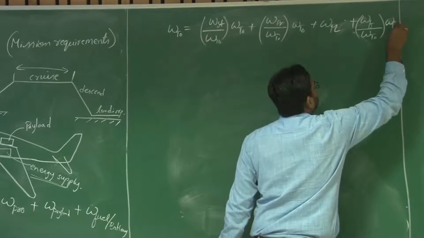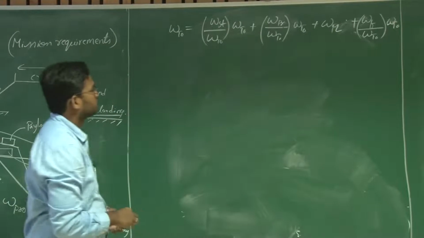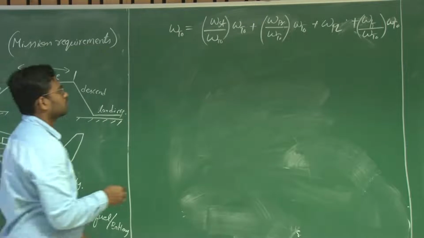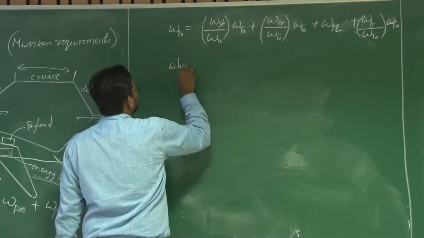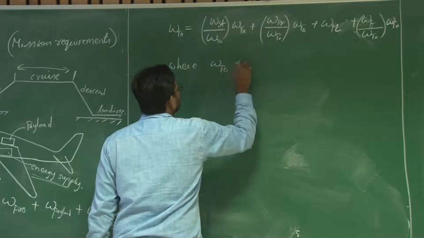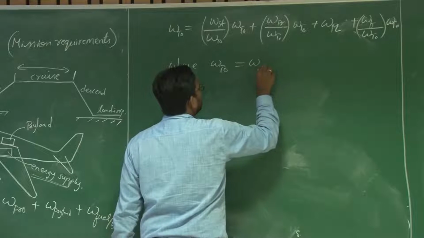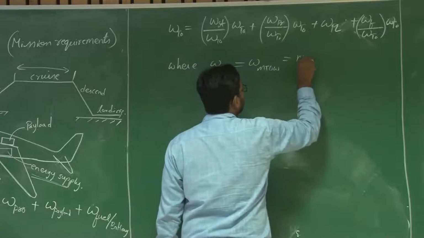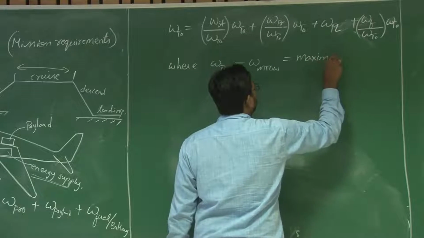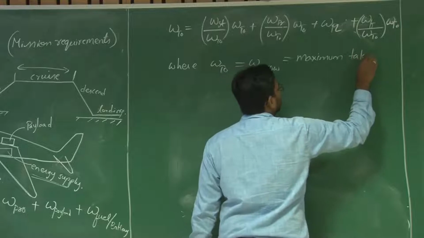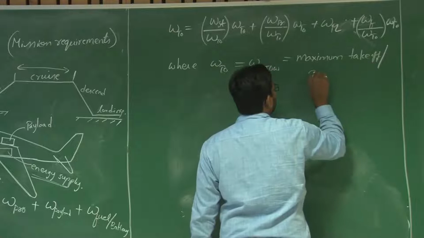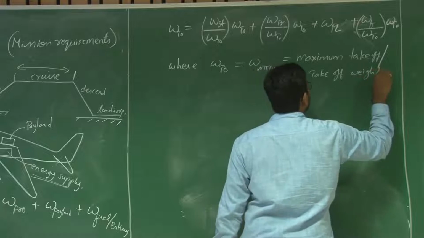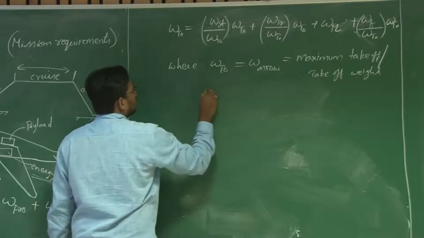So this is W takeoff. Where WTO is equivalent to WMTOW, maximum takeoff weight, or simply takeoff weight.